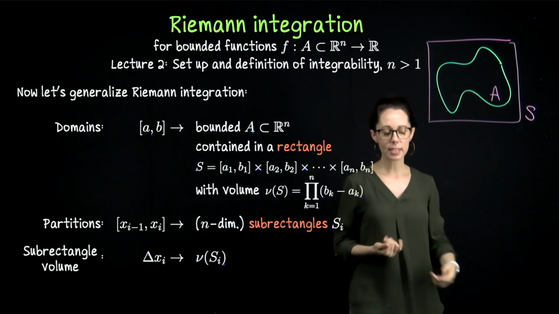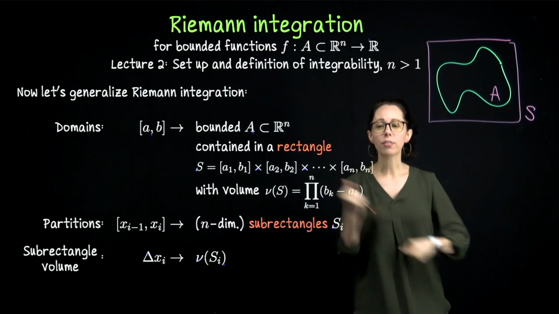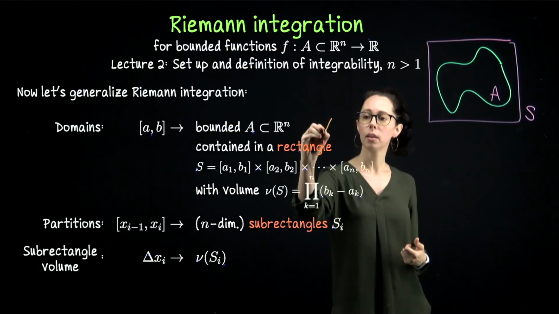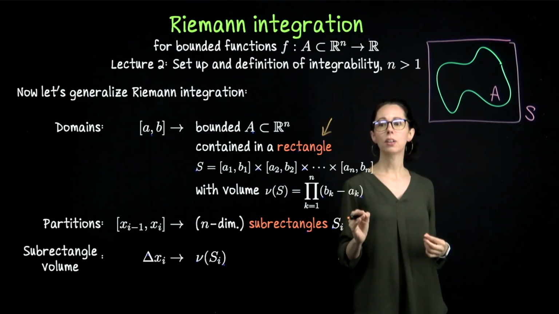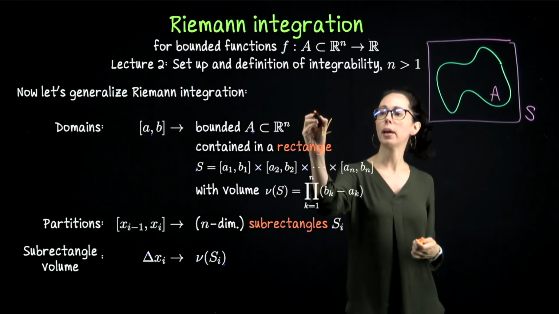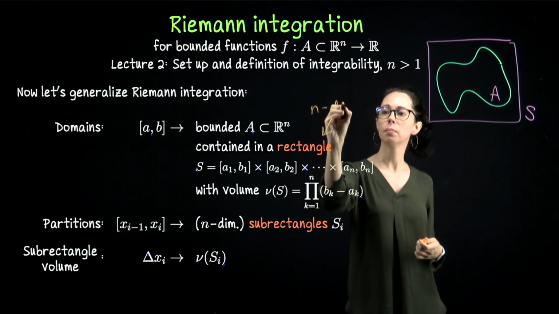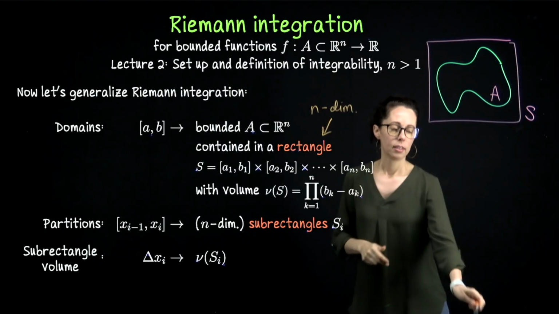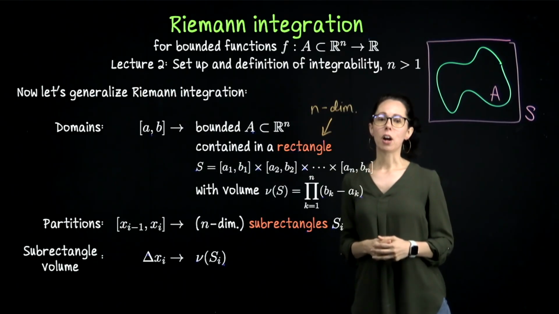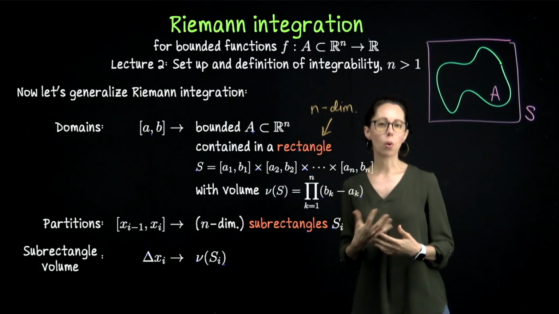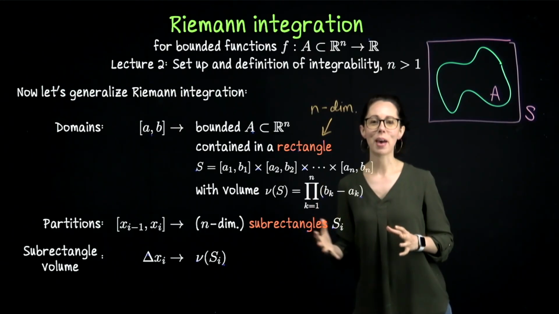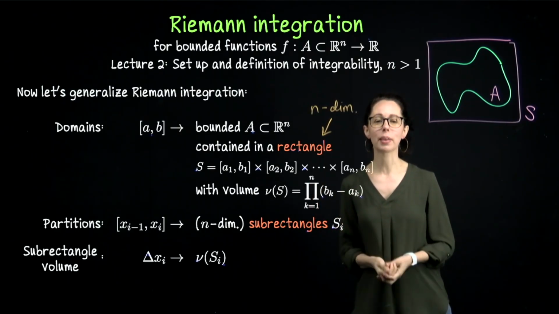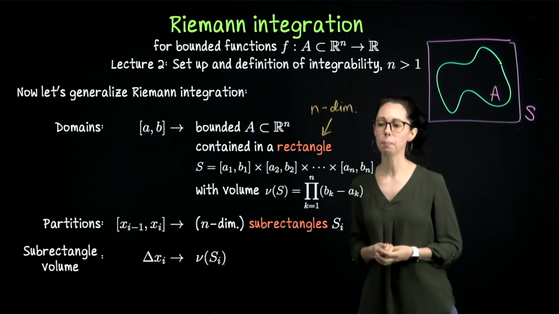We can generalize that to what I would like for us to continue to call a rectangle. But when I say rectangle in the domain, I'm talking about an n-dimensional rectangle. If we were working with a domain in R3, you would maybe want to call it, outside of math class, a rectangular cube or something like that, but we will still call it a rectangle.